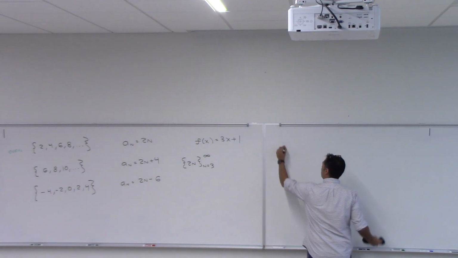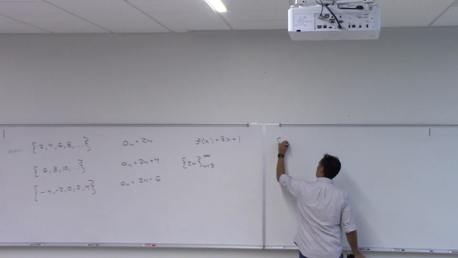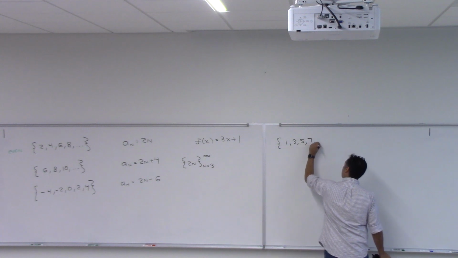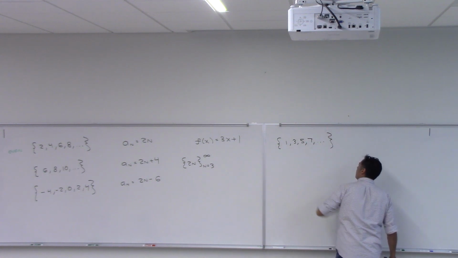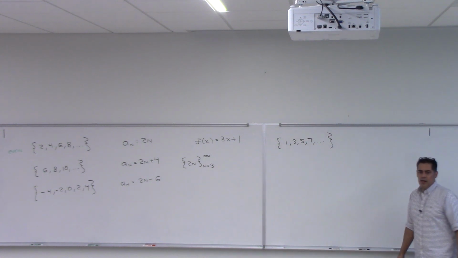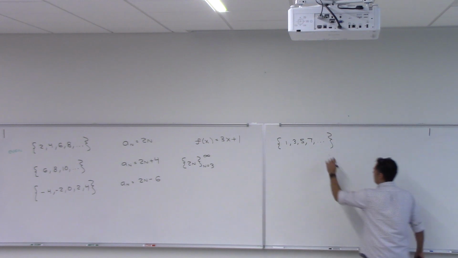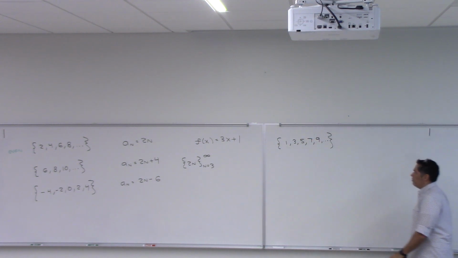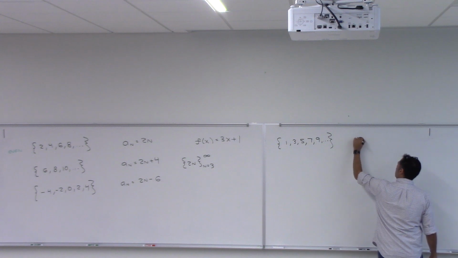How about this one? 1, 3, 5, 7, 9. I don't think you need the 9, but I'll put 9 in here. Okay, who wants that one? Go ahead. 2n minus 1.